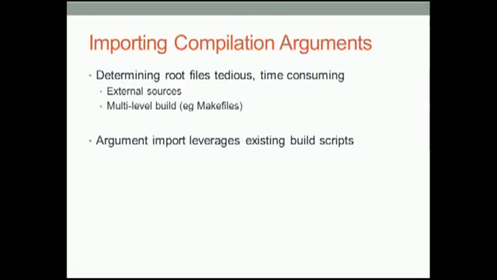There's an existing build structure, but to set up an argument file, oftentimes you need to crawl through that build structure, including multi-level make files, in order to figure out what files are being compiled. The compilation argument import facility is intended to leverage your existing build scripts and create an argument file for you to use with SVEditor.